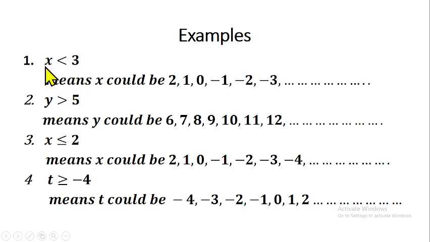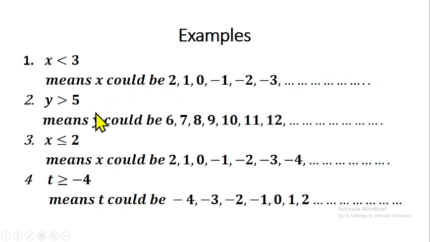The range of values, because it's not just one value. There are many. Then you can start giving examples from 2. 2 is less than 3. 1 is less than 3. 0, minus 1, minus 2, minus 3, minus 4, minus 5, minus 6, to infinity.